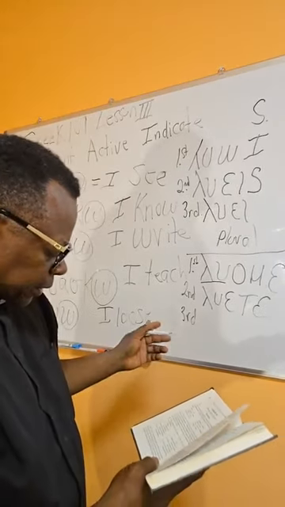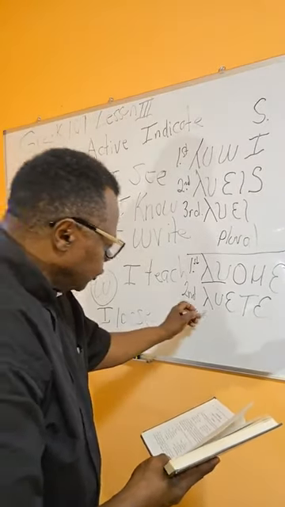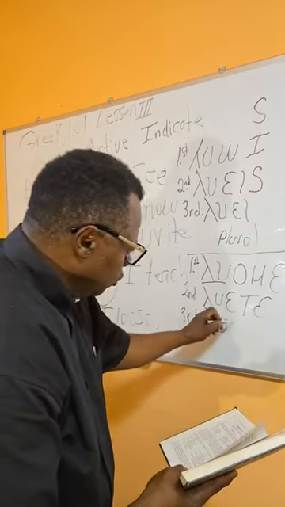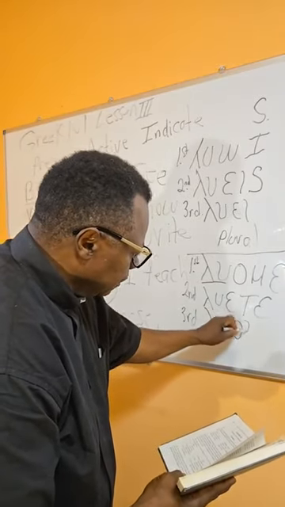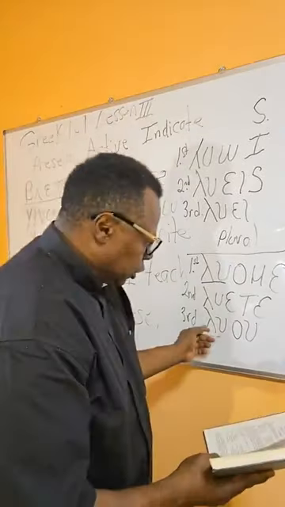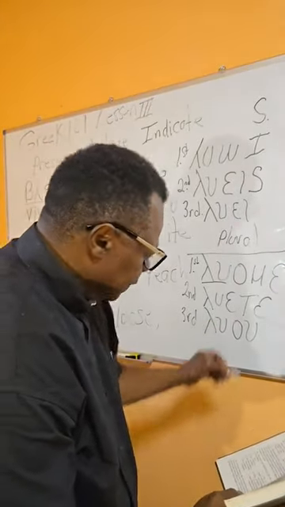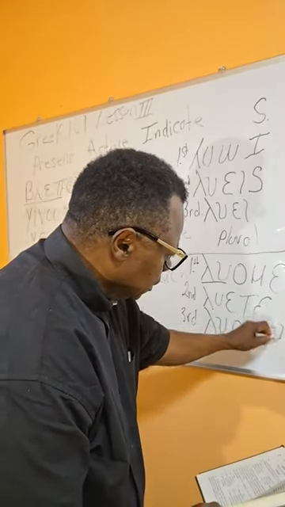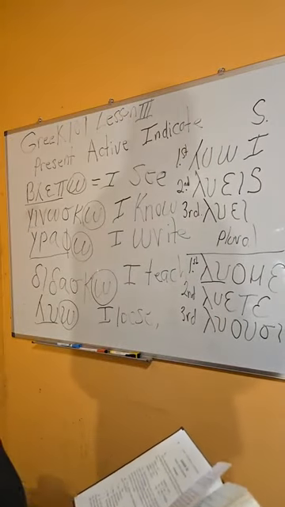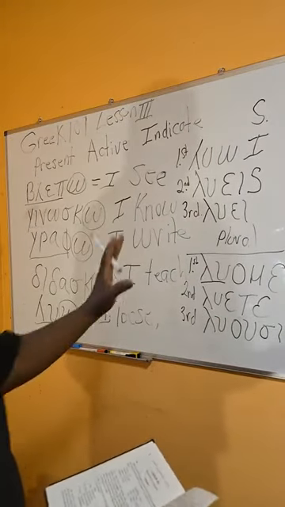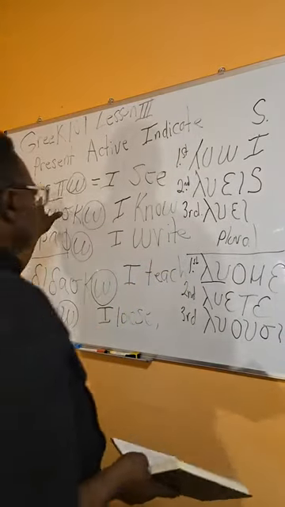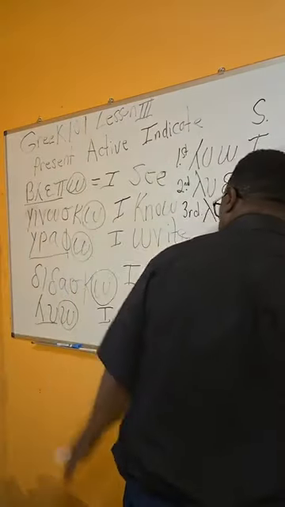So, lusi. Lu is the stem. Remember I told you about the diphthongs? Omicron upsilon, it's got that U sound like in the word group. So, luousi. Sigma, iota. Luousi means they loose. Okay? And I wish I had more space. I'm going to cover all of these without doing the verbs over here.